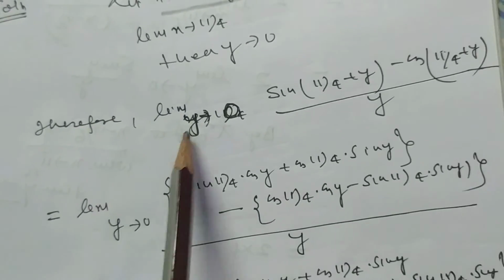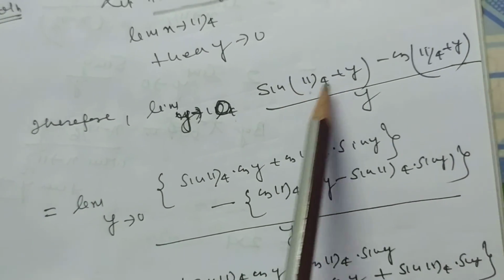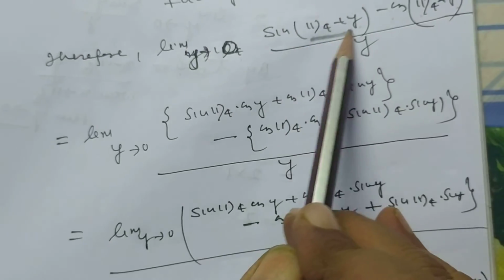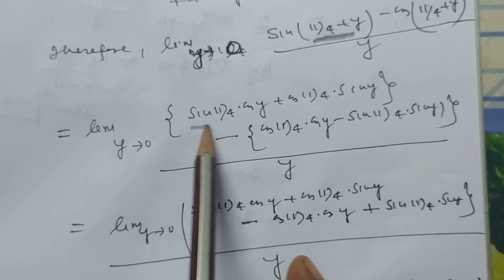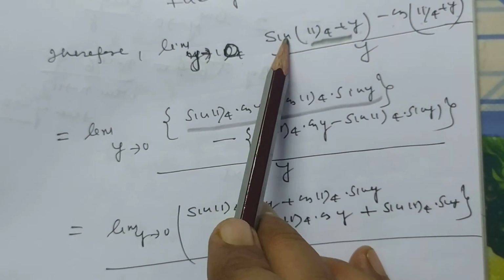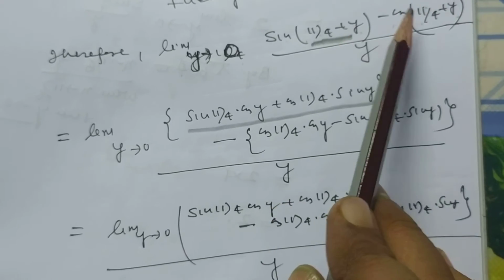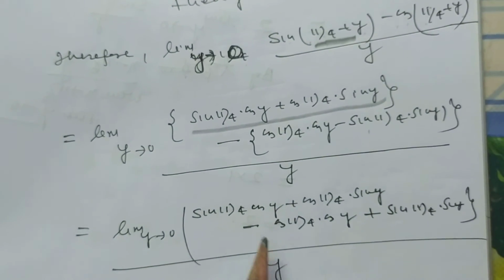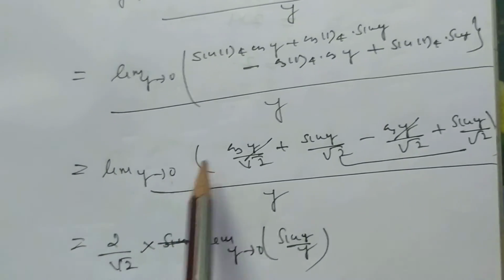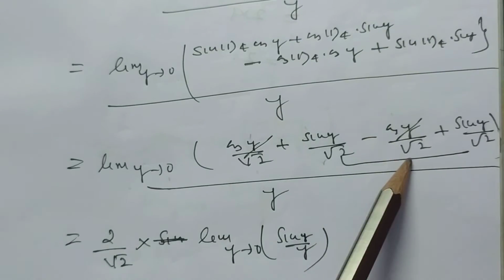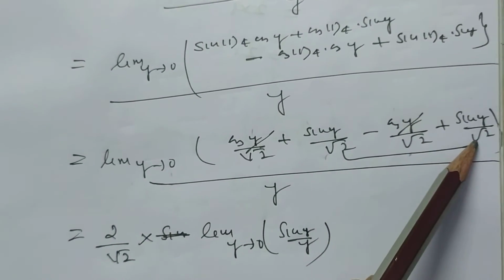So it will be limit y tends to 0, sin of pi by 4 plus y minus cos of pi by 4 plus y, over y. And here you expand this expression on the formula sin of angle a plus b minus cos of angle a plus b. And after solving, we have limit y tends to 0, cos y by root 2 plus sin y by root 2 minus cos y by root 2 plus sin y by root 2.